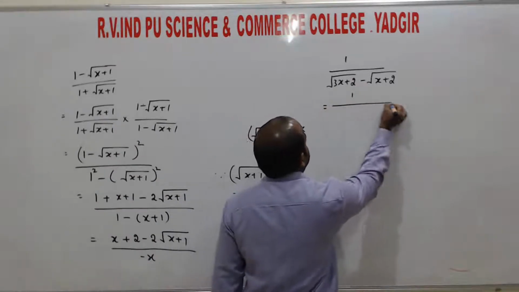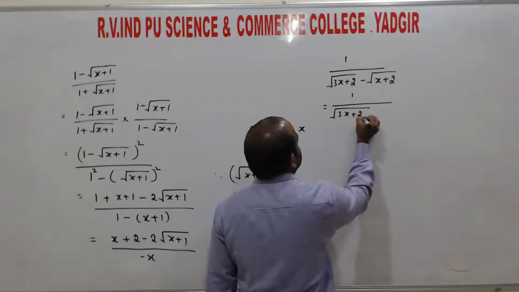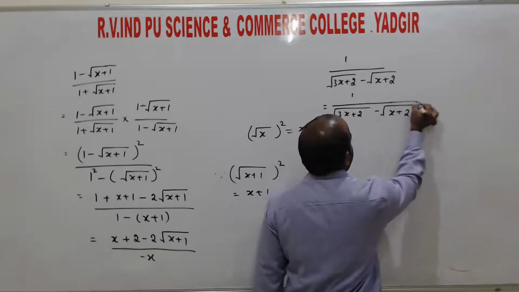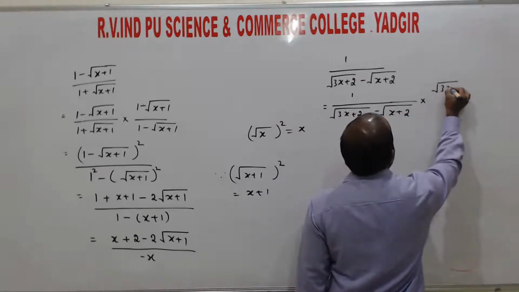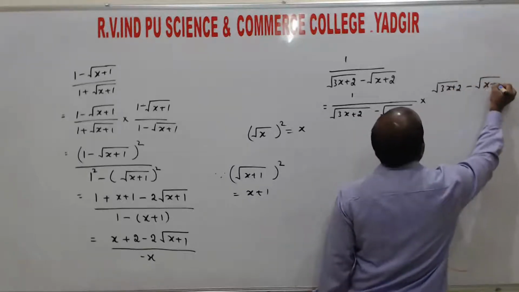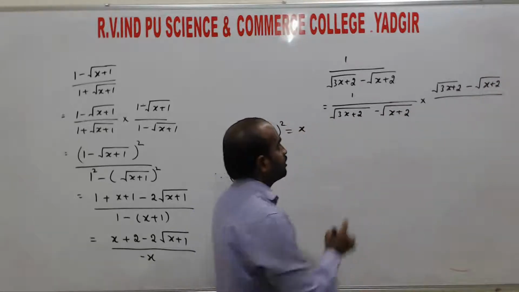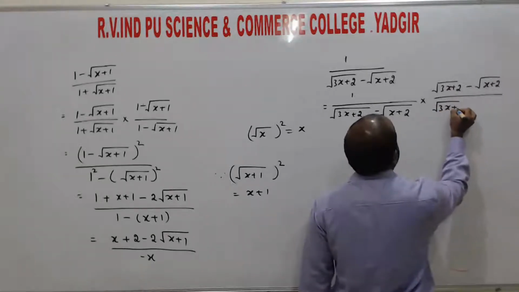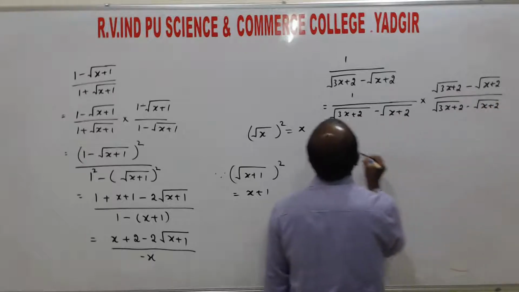Same as the first one, given as it is: 1 by root of 3x plus 2 minus root of x plus 2. Okay, into root of 3x plus 2 plus root of x plus 2, the conjugate of the denominator, divided by root of 3x plus 2 plus root of x plus 2.